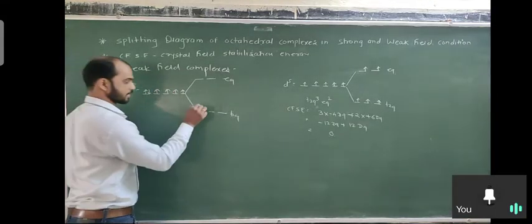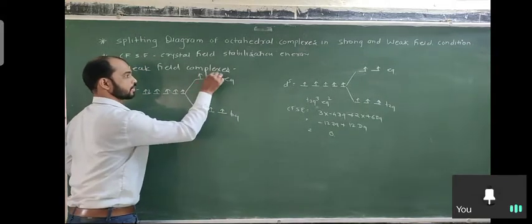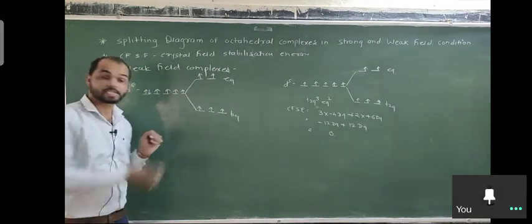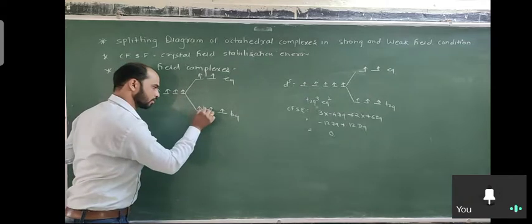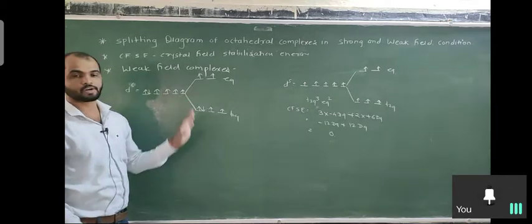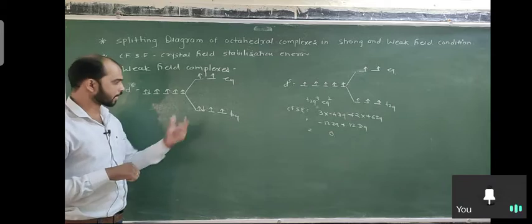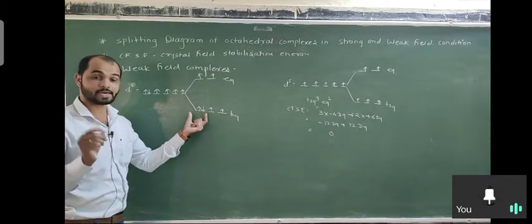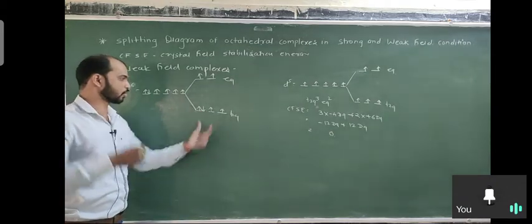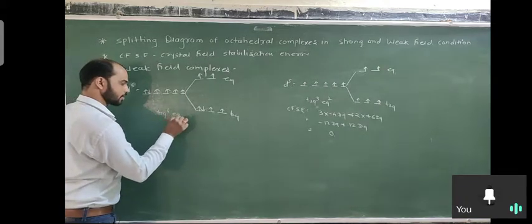The first is here, second is here, third is here, weak field condition, fourth, fifth. So where is the 6? 6 again goes down, not paired here. Once all the orbitals contain an unpaired electron, the pairing starts again at the lower energy, and this is the lower. So electronic configuration is T2G has 4, EG has 2.